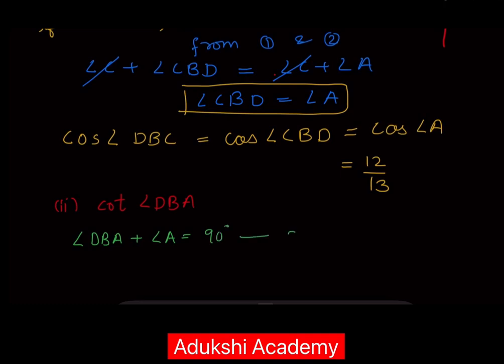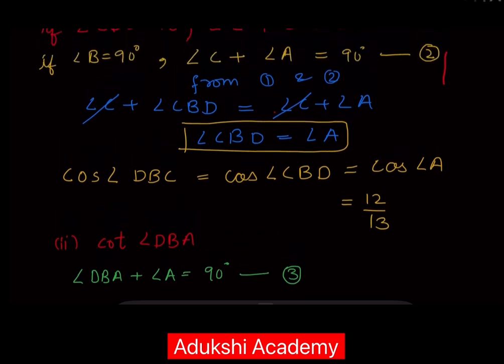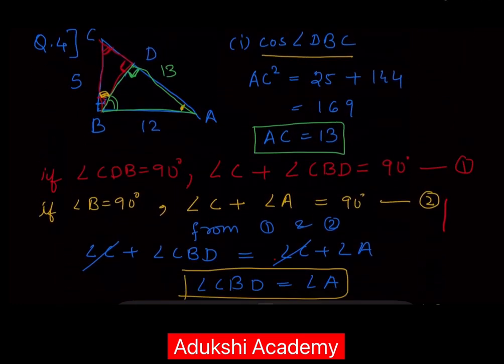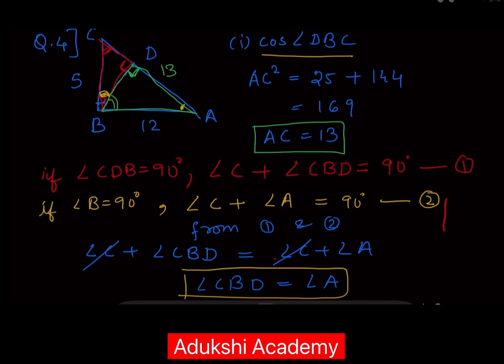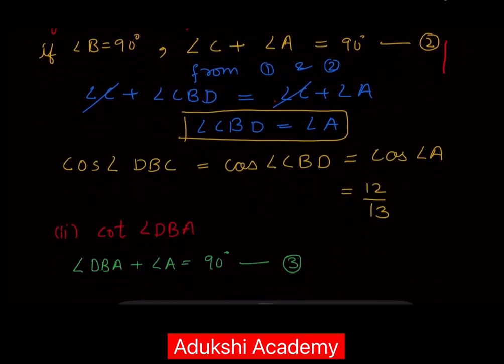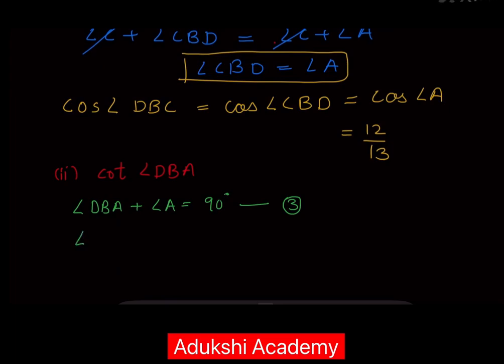This is equation number 3, by triangle sum property. Next, in the big triangle ABC, angle B is 90 degree. Therefore angle C plus angle A is also equal to 90 degree. This is equation number 4.